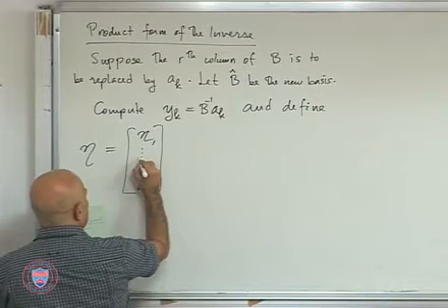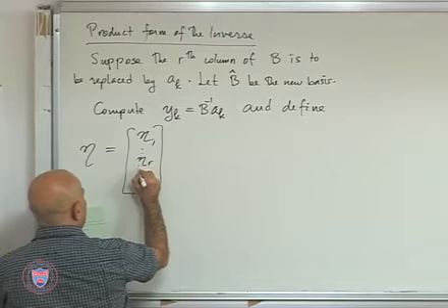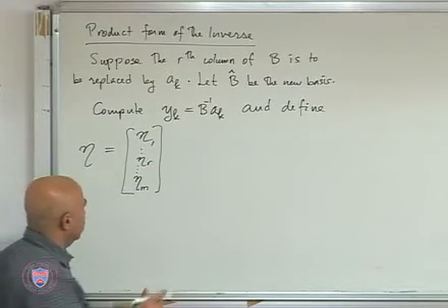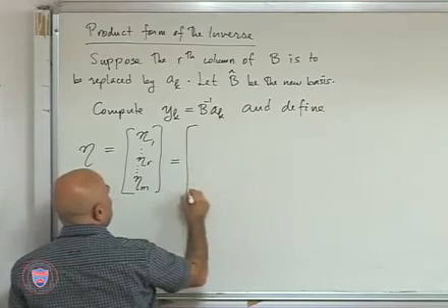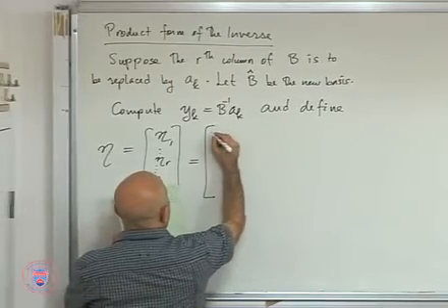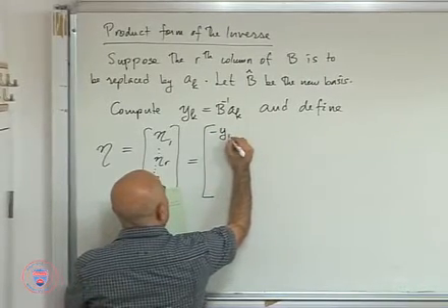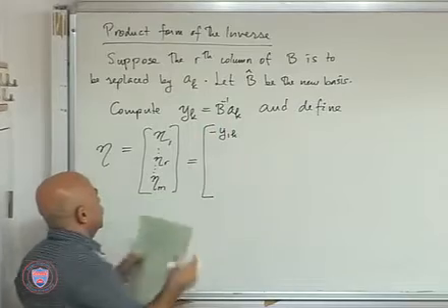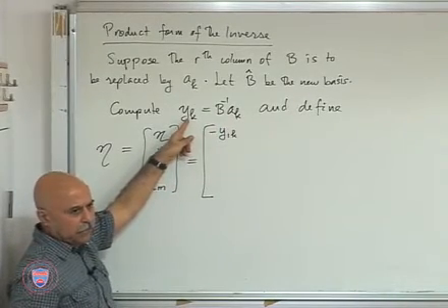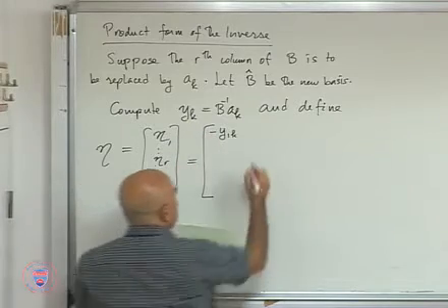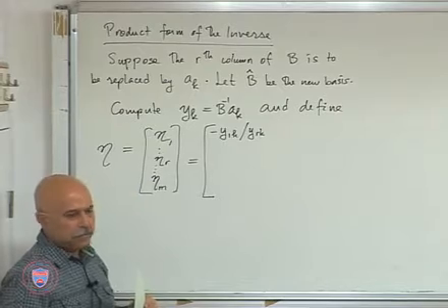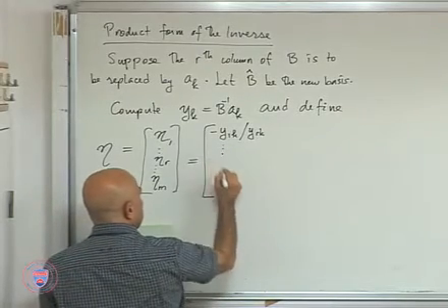Eta r is defined in a special way. All the other components except the rth one are simply defined by the negative of the element in that row. For example, for eta 1, you look at the first element in Yk, take the negative of it, and divide it by the pivot element Yrk.